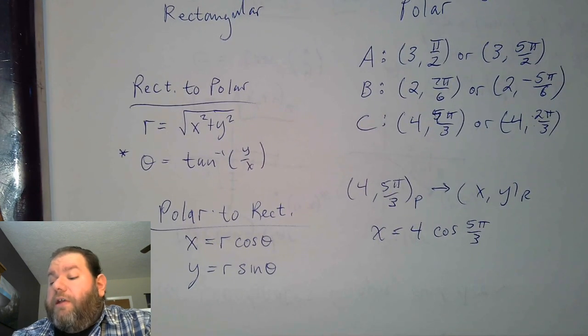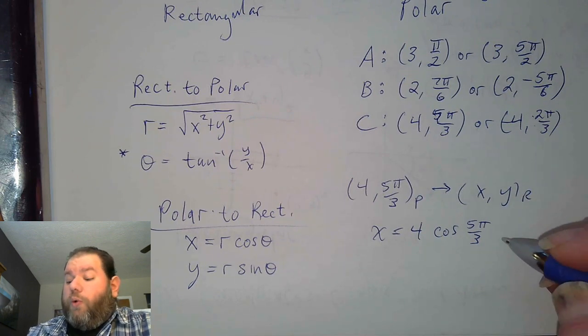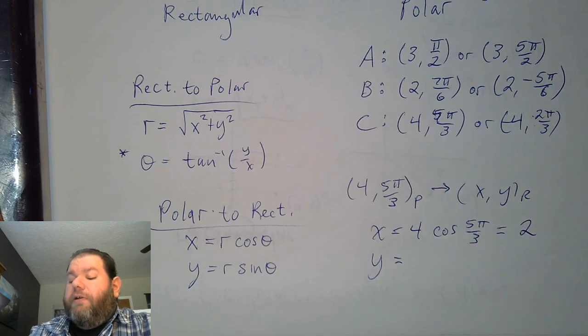5 pi over 3 puts us in the 4th quadrant. But 4 times cosine of 5 pi over 3 is the same thing as 4 times cosine of pi over 3, which is 4 times 1/2. So that'd be 2. You can do that in a calculator if you want to.